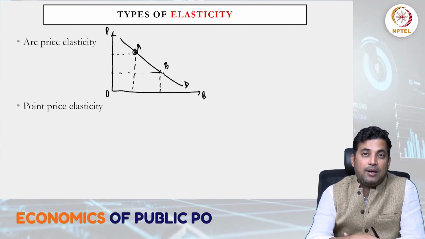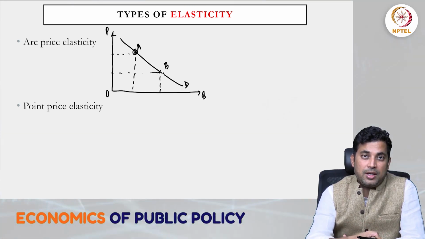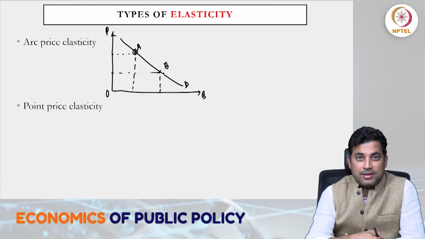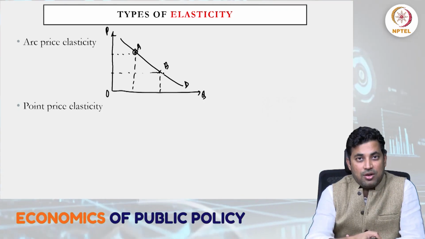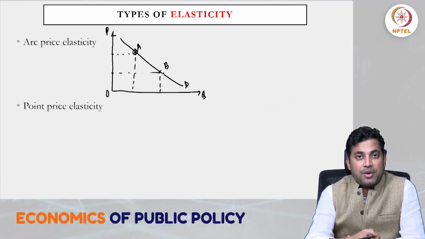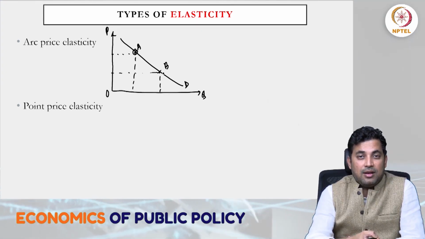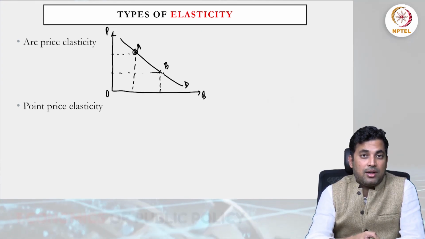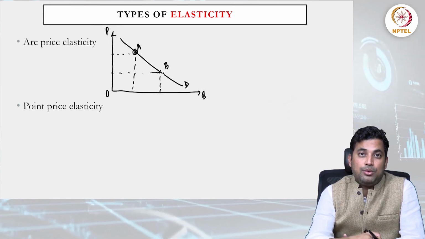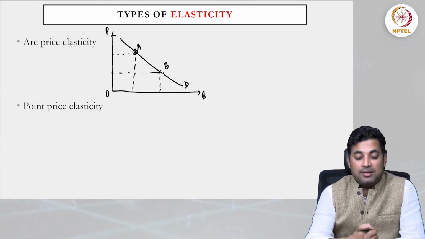If we have a new price for any commodity and we also have the old price, then to understand the average change of the price on the commodity, and its impact on the quantity demanded, that measurement will be obtained through arc price elasticity.